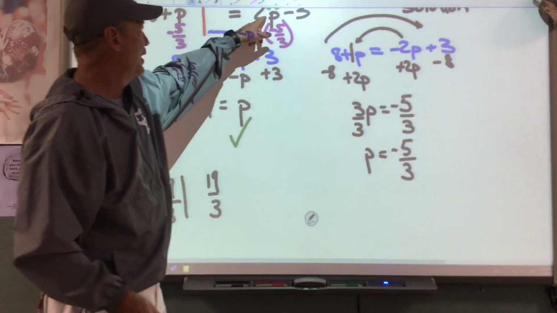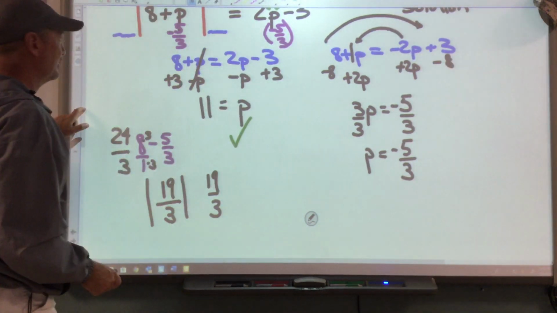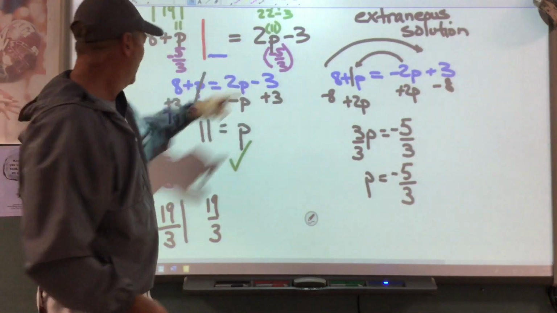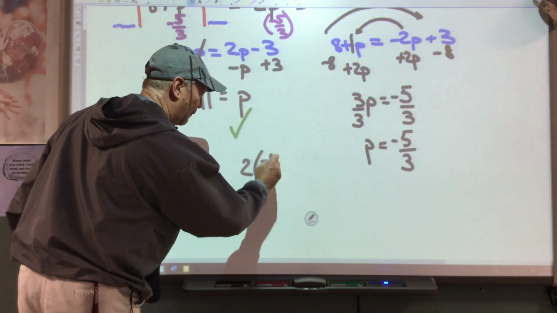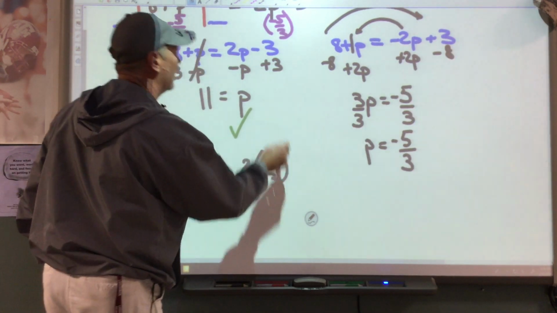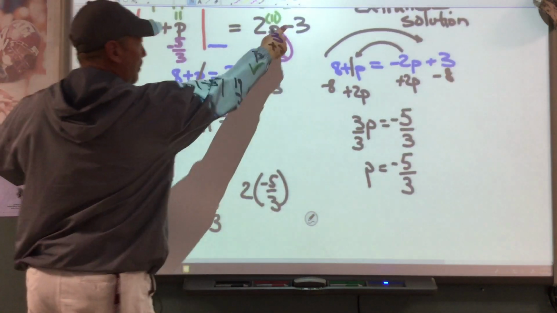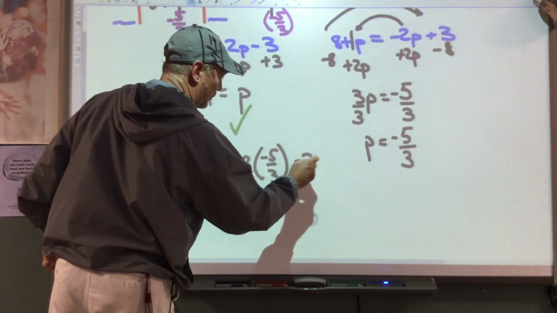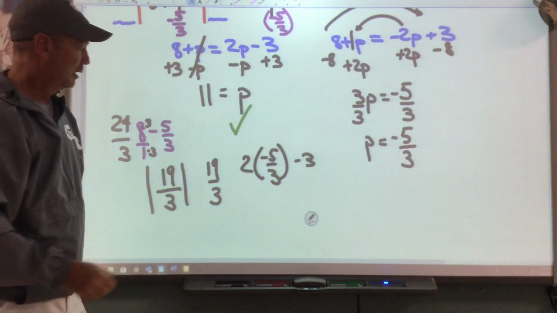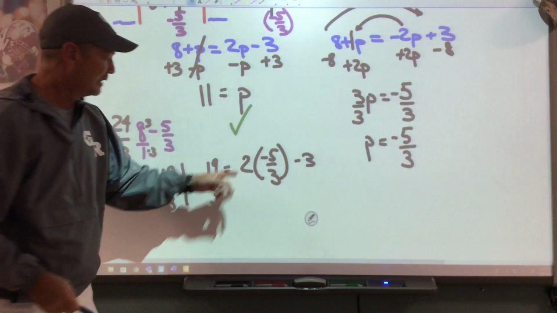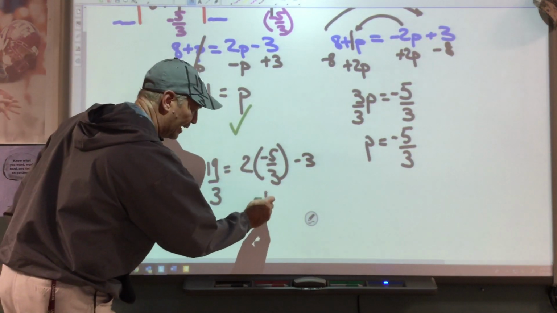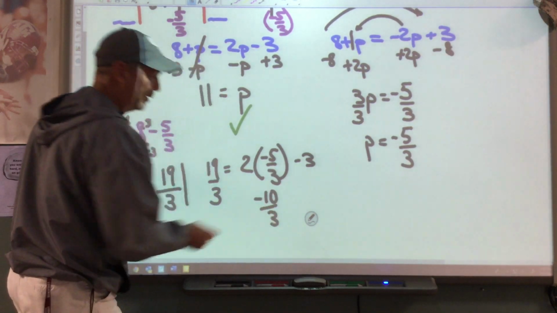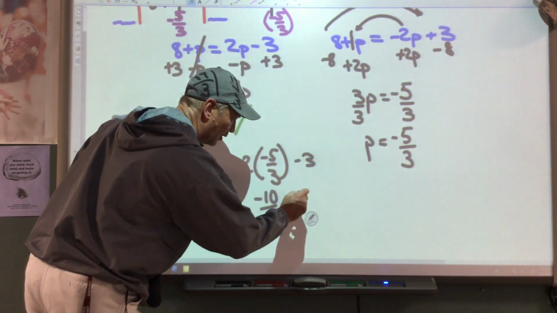I'm going to plug this over here. It says 2 times negative 5 over 3, and it says minus 3. So we're going to multiply, and we're going to say 2 times negative 5 is a negative 10 over 3 minus 3.